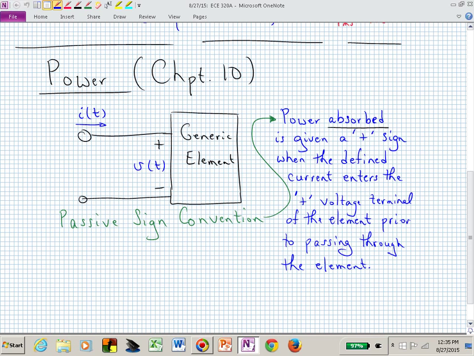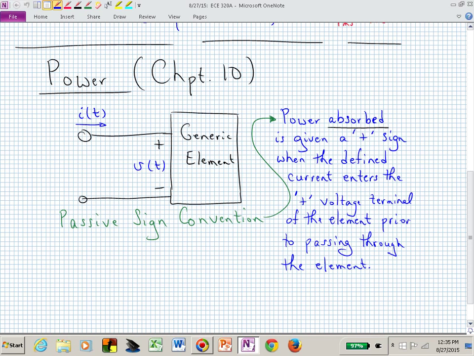Here is a generic element, and you could view that element to mean a collection of elements, actually. But we will be using the passive sign convention. What that means is that we will have the product of V and I with a positive sign out in front when the current, whichever direction you've defined it, is directed here from left to right.